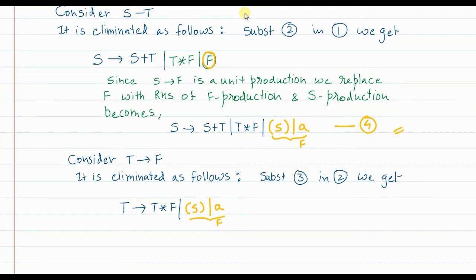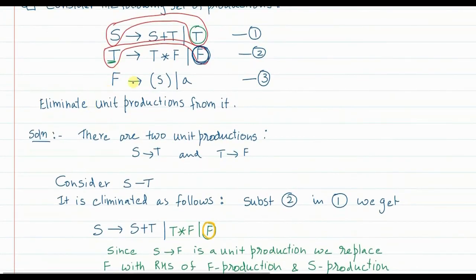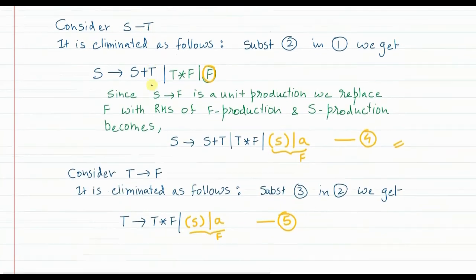So there is no longer any unit production present here also. So I will call it equation 5. Whereas the third production, that is F gives bracket S, close the bracket, slash A, since this does not involve any unit production, it will remain unchanged.